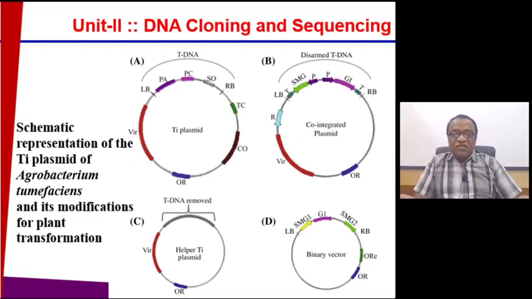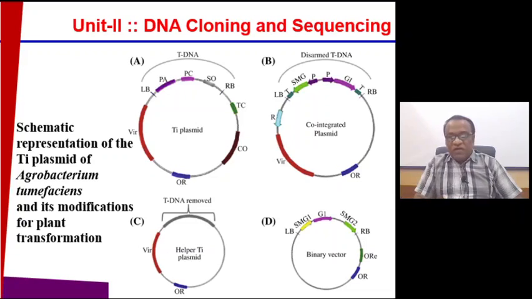Right? Now, if you just look at this illustration, this is a schematic representation of the Ti plasmid of Agrobacterium tumefaciens and its modifications for plant transformation.